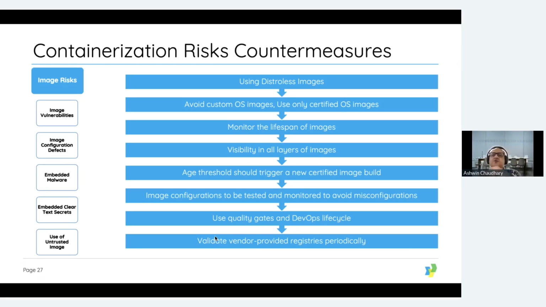Avoid custom OS images, use only certified OS images, monitor the lifetime span of images, have visibility in all layers of images, and an age threshold should trigger a new certified image build. Image configurations are to be tested and monitored to avoid misconfigurations, using quality gates in the development lifecycle. These are some of the mitigation measures for the image risks.